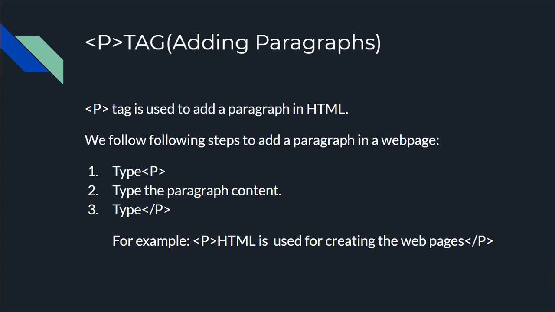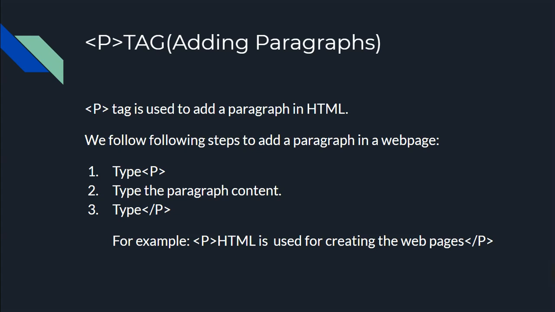So how can we insert a paragraph? If we have to insert a paragraph, then the paragraph starts with the P tag, and after the P tag we write the contents of the paragraph, and then close the P tag with the closing tag.